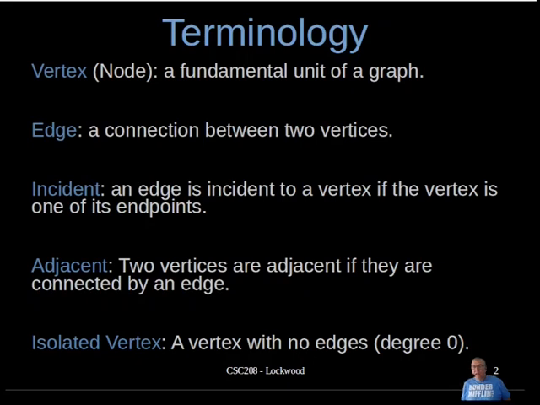We say that an edge is incident to a vertex if the vertex is one of its endpoints. We say that two vertices are adjacent if they are connected by an edge. And we say a vertex is isolated if it has no edges. We also call this degree zero. So degree is the number of edges coming in and out of a node.